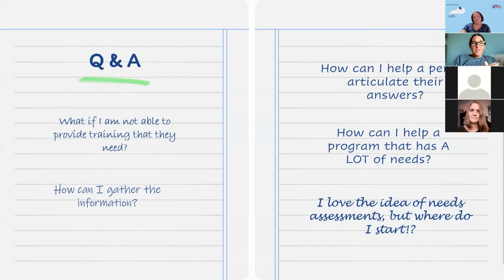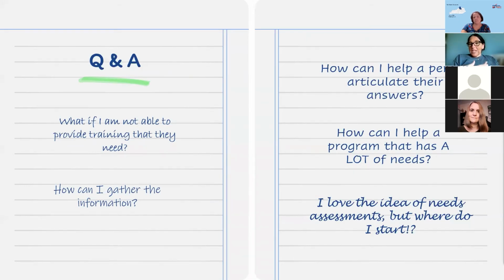The first question is, what if I'm not able to provide training that they need? And when we looked at this, we took it from a place where we thought you were asking, what if it's a training on a topic that you're not familiar with, or you don't have enough background or experience with it?